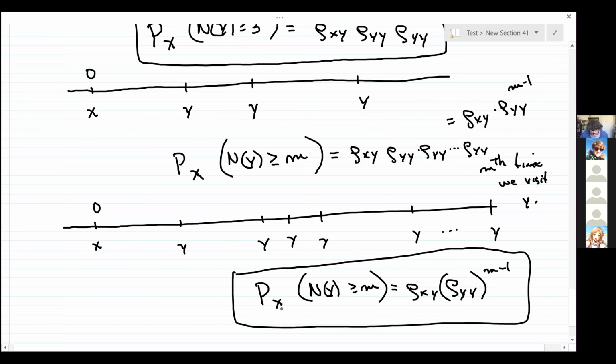And if you visit only once, then this term disappears and you just have rho xy, which is one of our first ones. So we're gaining a lot more information about the probability of visiting y so many times.